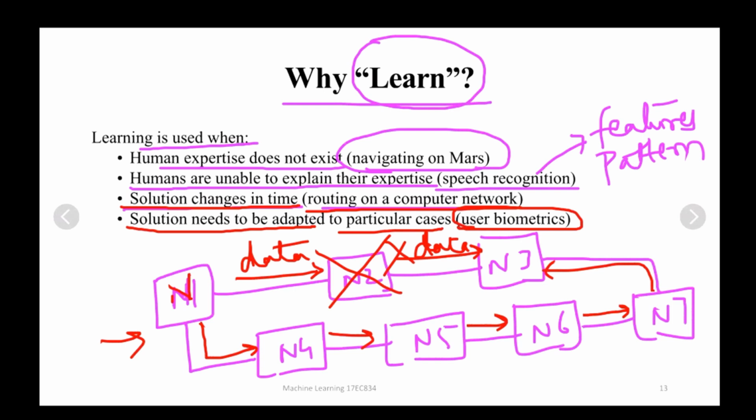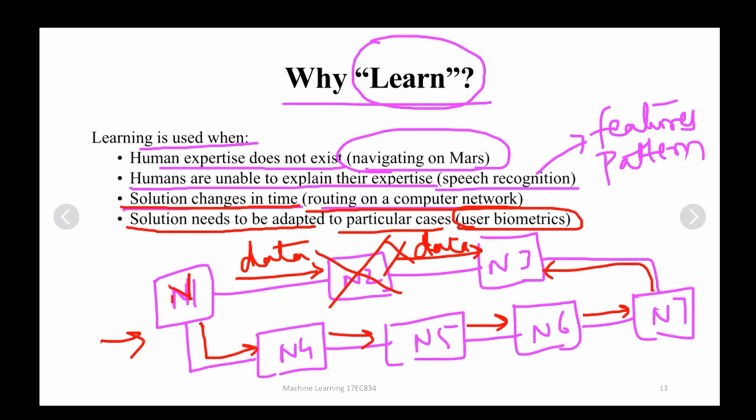Facilities for that have been improved, and so many other tasks we have performed in order to take the online classes. Solution needs to be adapted. We have adapted offline classes to online classes because this situation is forcing us to go for this. Even though you guys are very comfortable with offline classes, even you have got adapted to online classes. So that is what adaptation is all about.